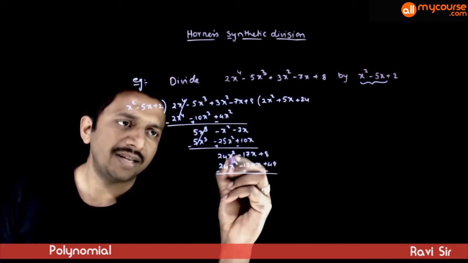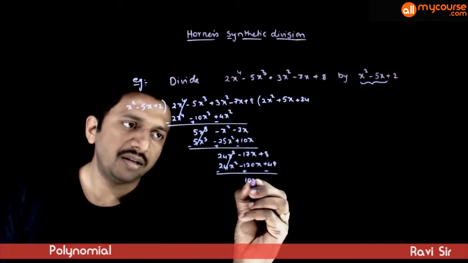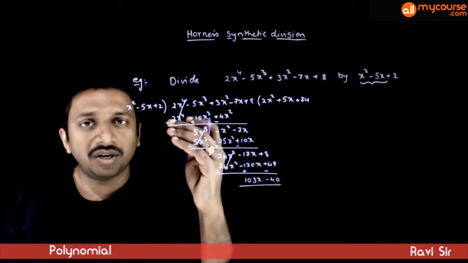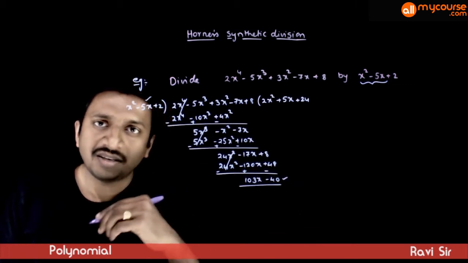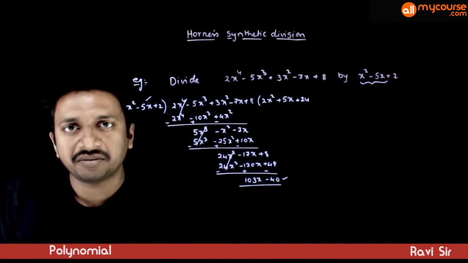Minus, plus, minus. 24x square gets cancelled. 120 minus 17, 103x minus 40. So now the division is complete. The divisor is a quadratic, the remainder is a linear, and this is the quotient and this is the remainder.